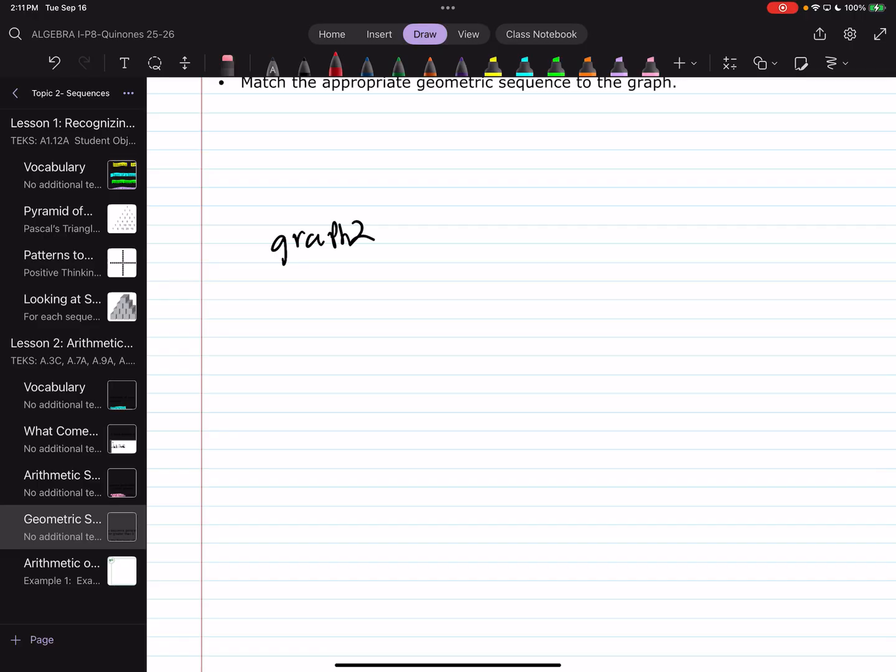Which one of those geometric sequences decreases very quickly in value? G? A. I'm going to agree that this goes with sequence A.